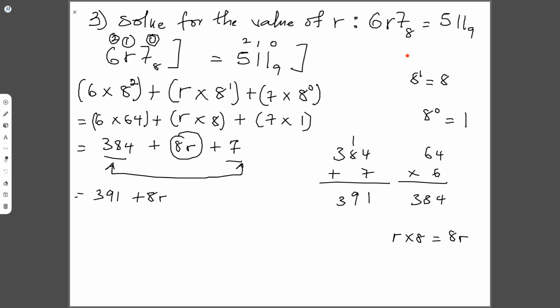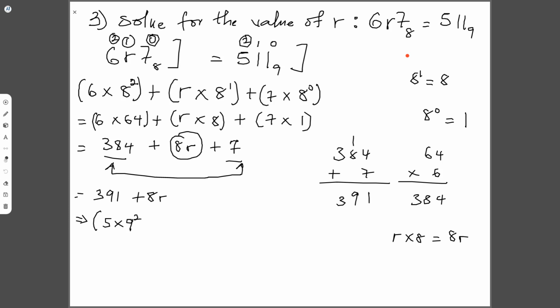So we've done justice to this part. Now we want to consider this part. For this part, we have 5 multiplied by the base, open bracket, 5 times the base 9, and the power is 2.